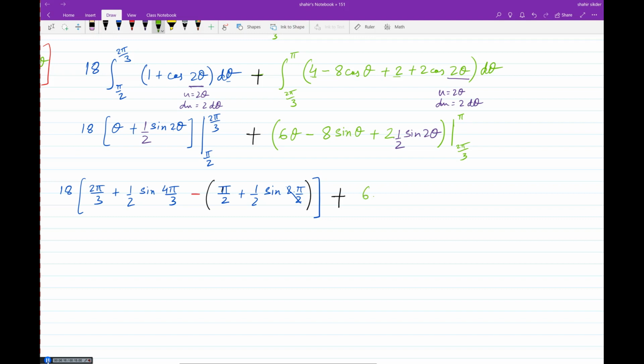6 times upper bound is pi minus 8 times sine of pi plus, these 2's we can just simplify them.